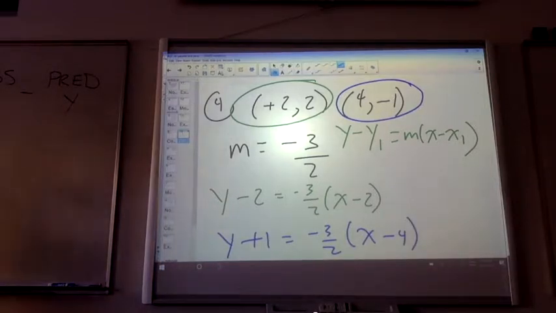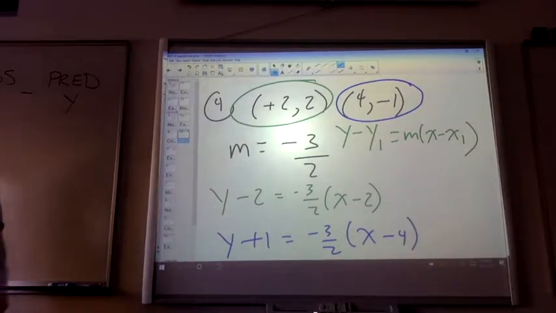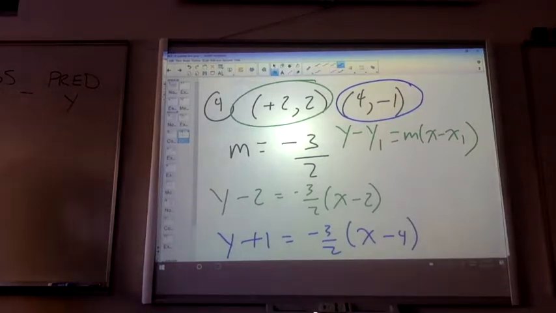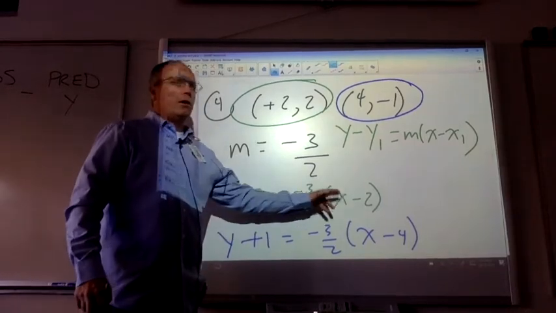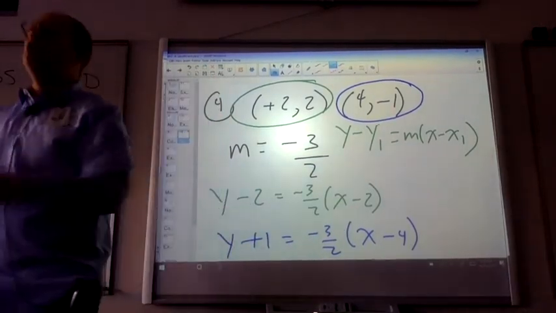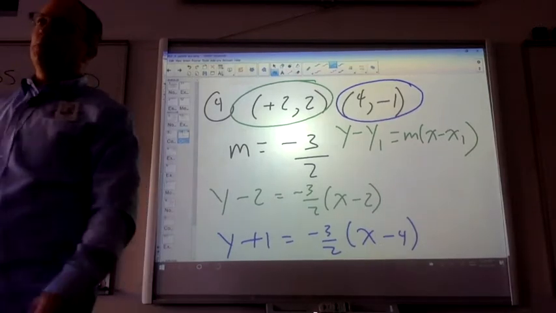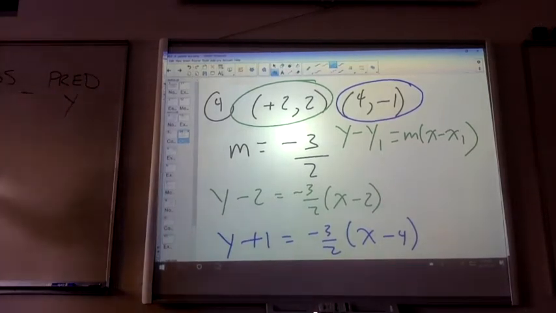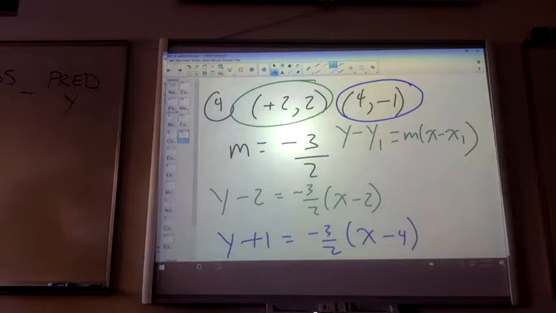Which answer's right? They're both. Point slope form can yield you 2 different looking answers, which are both correct. If you were to distribute -3/2 here, and then solve it for y, you get the exact same answer. So please know that you have 2 different answers that could happen with point slope form.